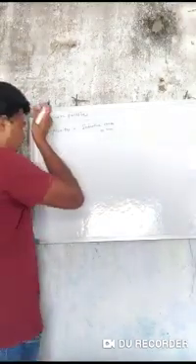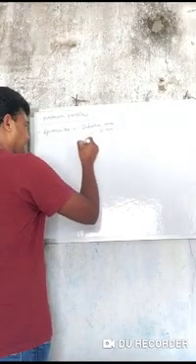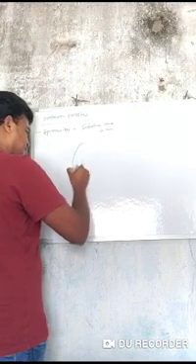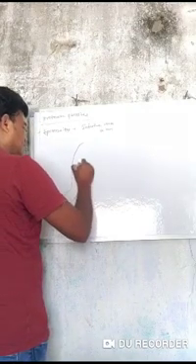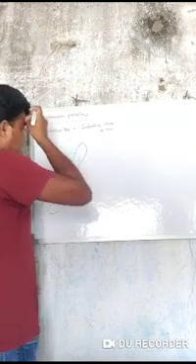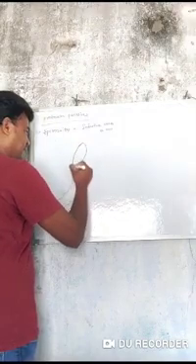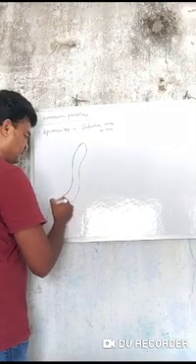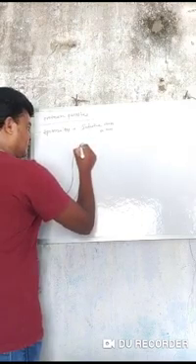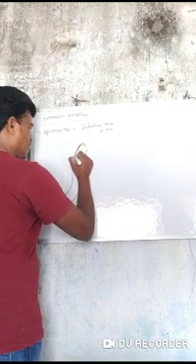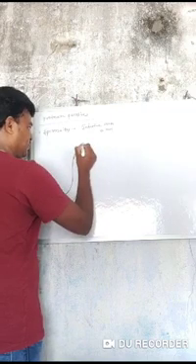Now come to the structure. Here I draw the diagram. This is the pellicle, and the oral sucker, and this is the longitudinal microtubule.